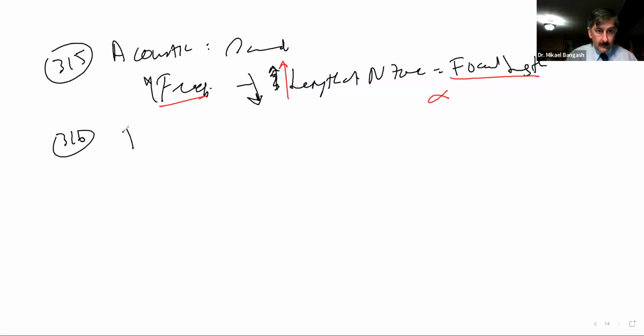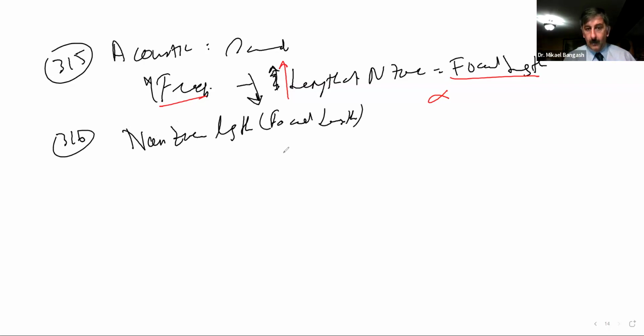Is the near zone length, also known as focal length, going to increase if we increase the diameter of the PCT?